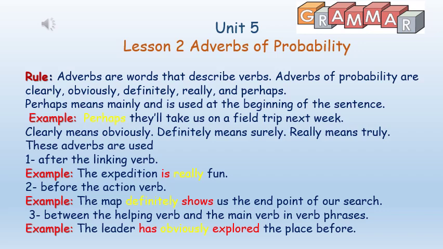Or before the action verb if the verb is a single word, like Sandra really feels sad. Really before feels. Or between the helping verb and the main verb in verb phrases, like Sophie is probably coming tonight. It's used between is and coming.